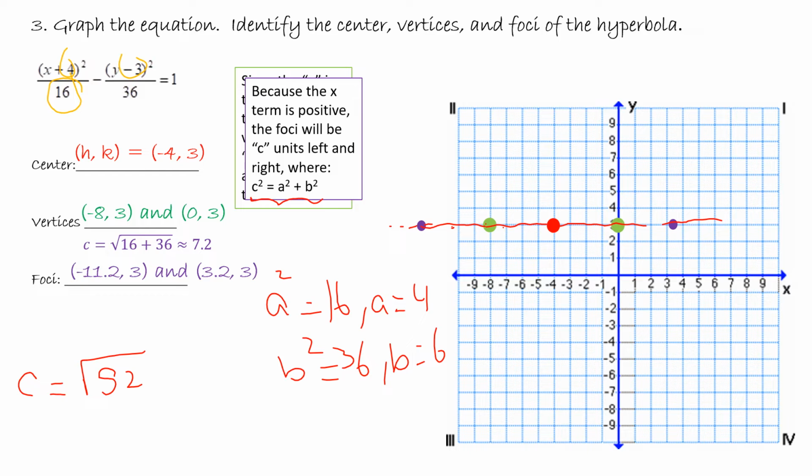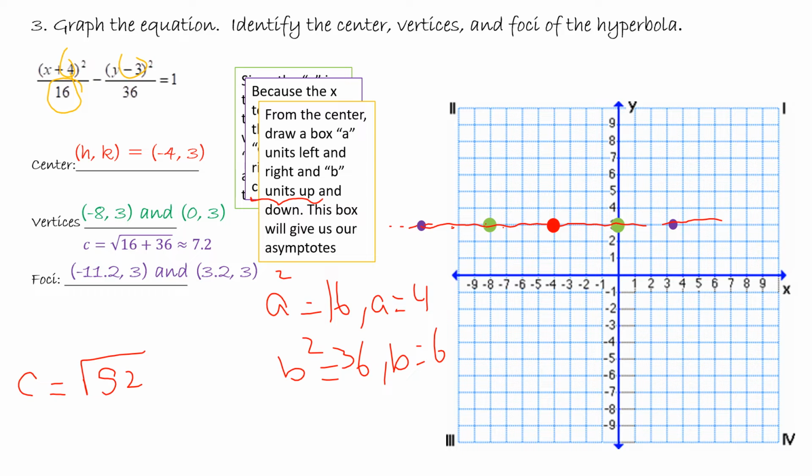Now we still need to graph the hyperbola. The transverse axis has the center, the vertices, and the foci. Now, from the center, I go b units up.